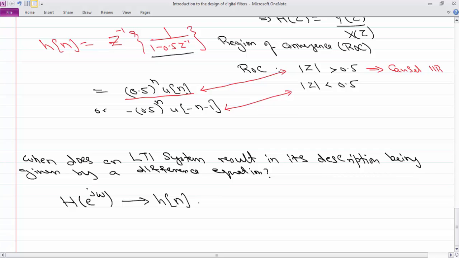Well, the test is very easy. You take the Z transform of this impulse response.